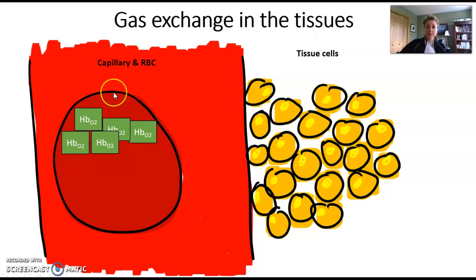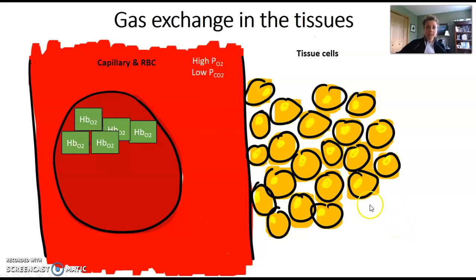Now this blood cell returned to the heart from the lungs, and then the left ventricle pushed it out through the aorta, and now it has traveled to some part of the body, which is represented by my orange cells here. These are the tissue cells.